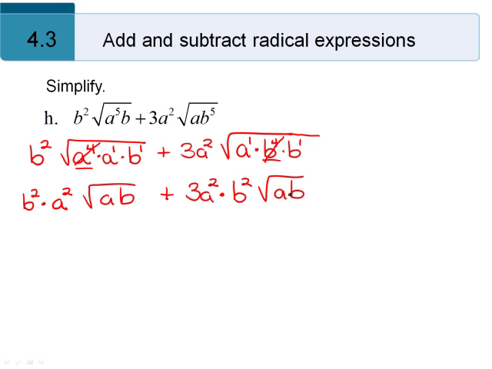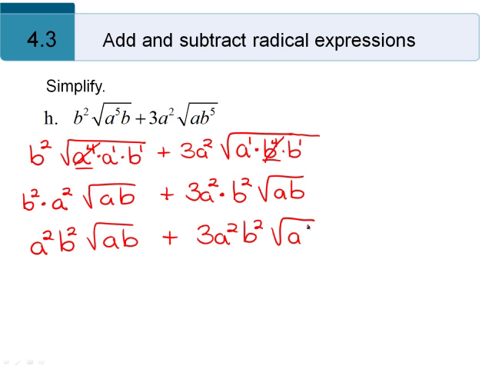Okay, so on the first term we have b squared a squared. I'm going to rewrite that as a squared b squared just because I'm a little OCD about that, and I like it to be in alphabetical order. So a squared b squared times the square root of ab, plus over here we have 3a squared b squared, just write it all together because it's multiplication, and the square root of ab.